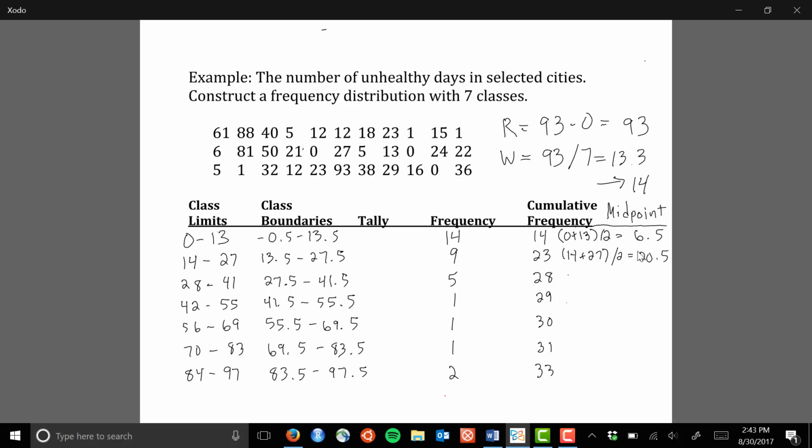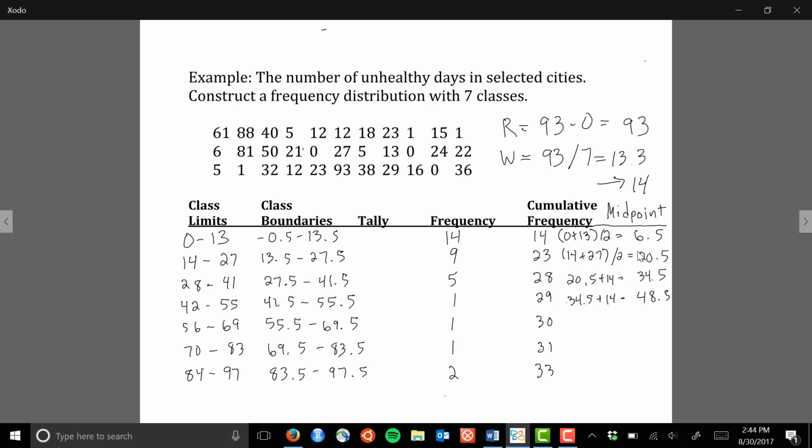So if we take 20.5 and add 14, we get 34.5, which is the midpoint of the third class. The midpoint of the fourth class is going to be 34.5 plus 14, which gives us 48.5.